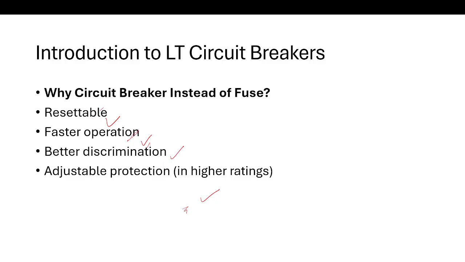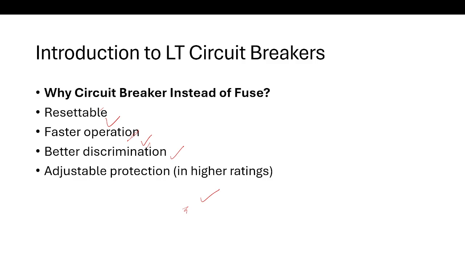So you don't have to replace anything, and you don't have to wait. You just need to clear the fault and reset the circuit breaker. Because in industries downtime is very expensive, so being resettable improves reliability and operational continuity.